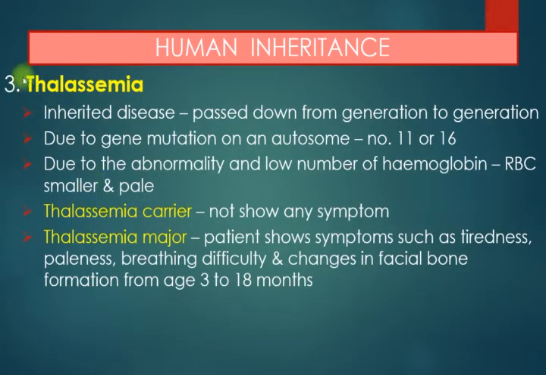Okay, next, let's discuss thalassemia. Thalassemia is an inherited disease passed down from generation to generation, due to gene mutation on autosome number 11 or number 16.